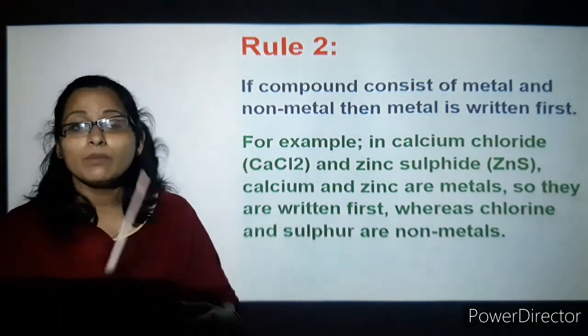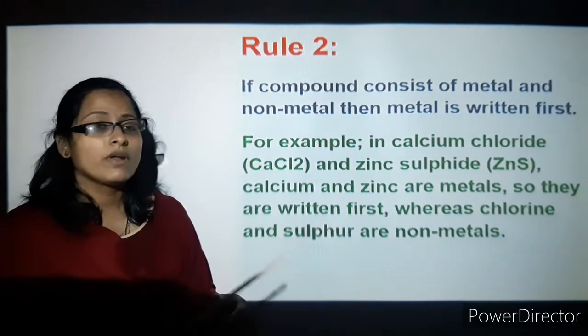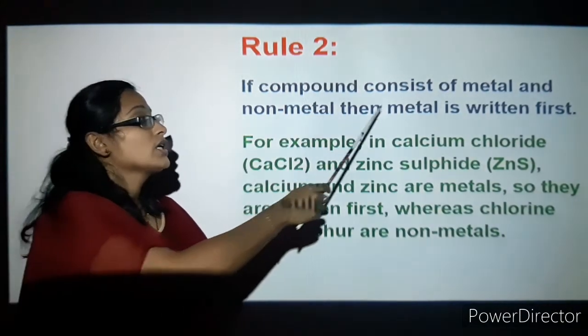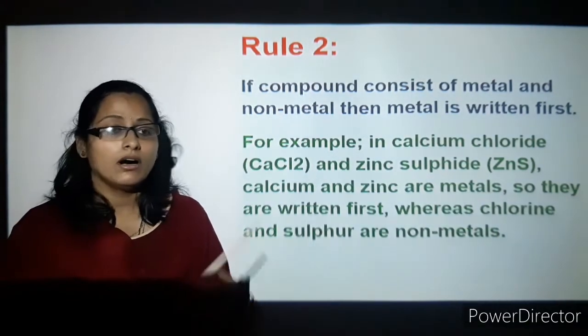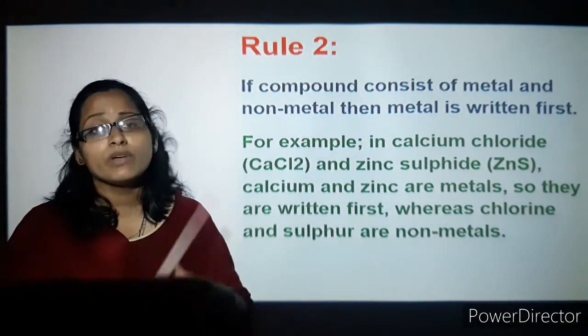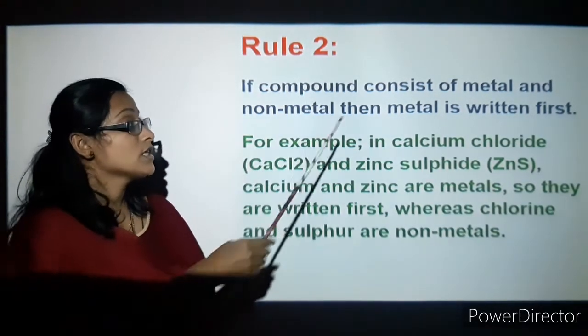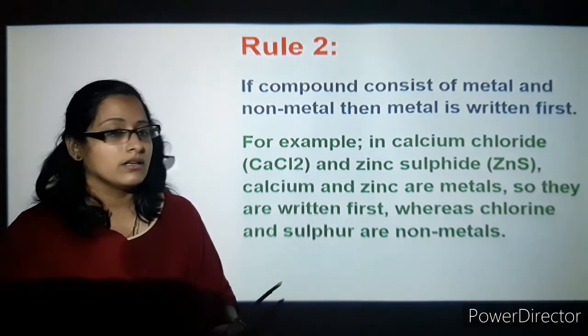So what is rule number 2 now? Let's understand rule number 2 with respect to the formulae. If a compound consists of a metal and a non-metal, what will you be writing first? First you will write the metal, then the non-metal.